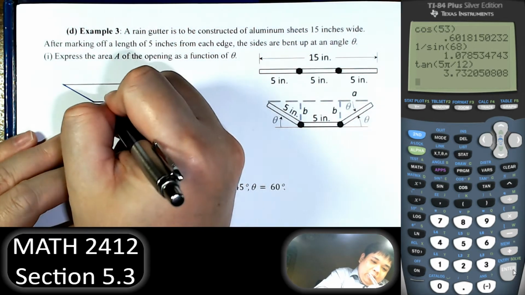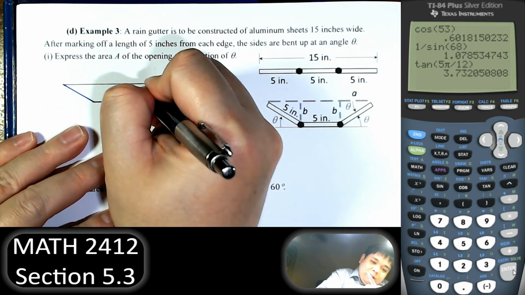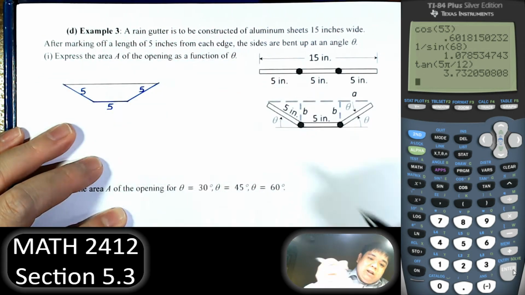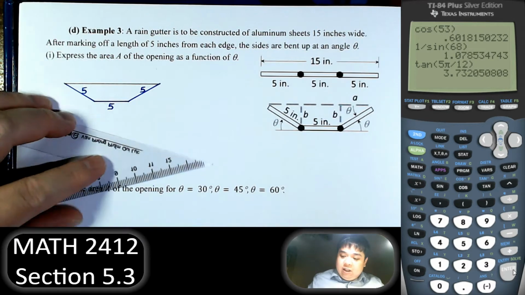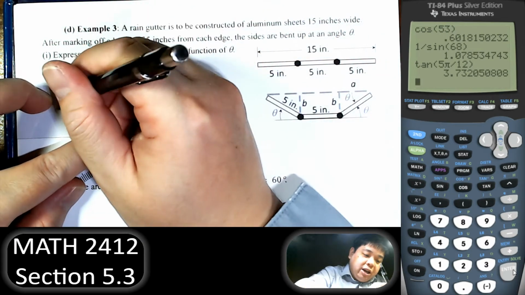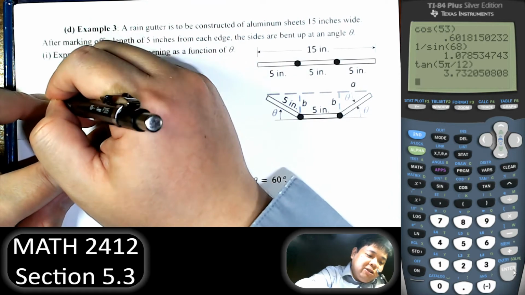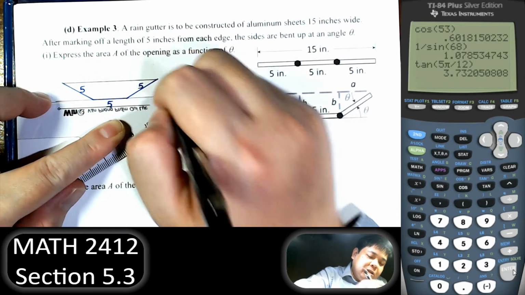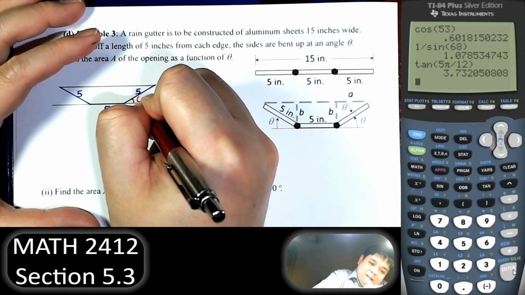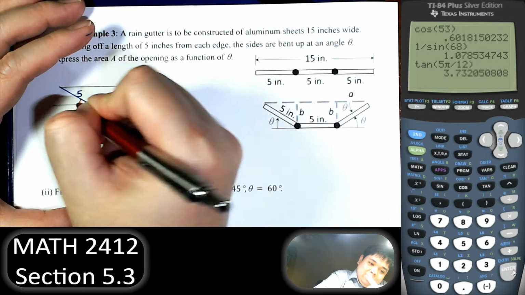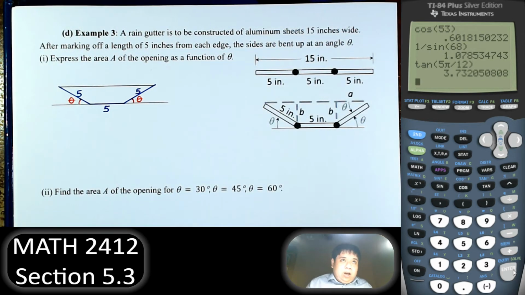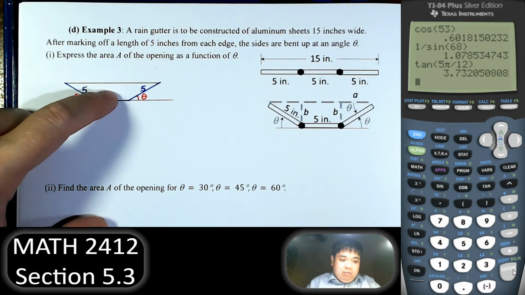Right, here's the length 5, here's 5 inches, right? And then the angle that we form up is theta, the outside angle. So we also have angle theta here. Right, now try to find the area of that trapezoid.